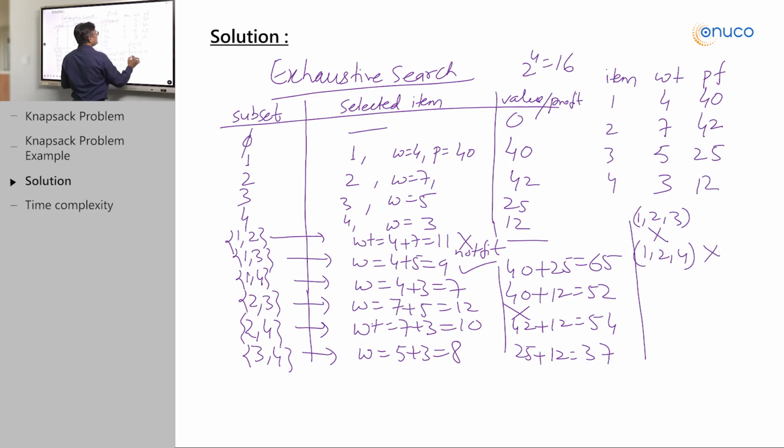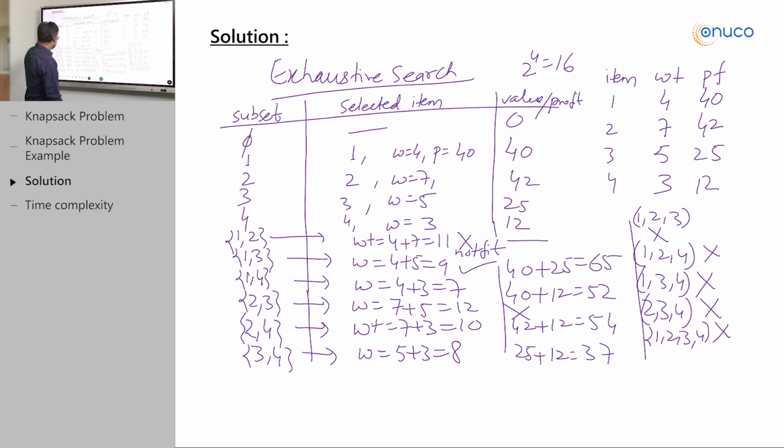Combination of 1, 3, 4: 5 plus 4, 9 plus 3, 12, not fit. 2, 3, 4: not fit. Then 1, 2, 3, 4: not fit.